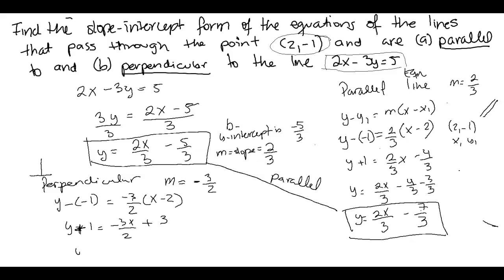Now if I move things around, I have y equals -3x over 2 plus 2. So this equation right here is perpendicular to the original equation that was given to us.